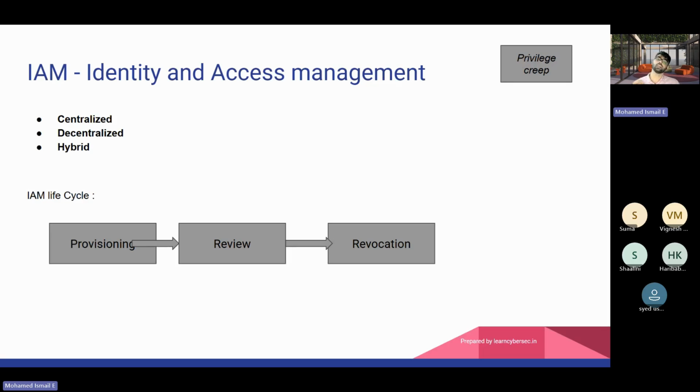Maybe in the starting stages, companies are decentralized. Once it became Microsoft Entra ID, a cloud-based IDP, Okta is another IDP, Ping Identity or ForgeRock, many identity providers exist in the world. When that comes, it becomes a centralized IDP, because when you purchase a Microsoft license, you purchase it for the entire company: one IDP, one domain.